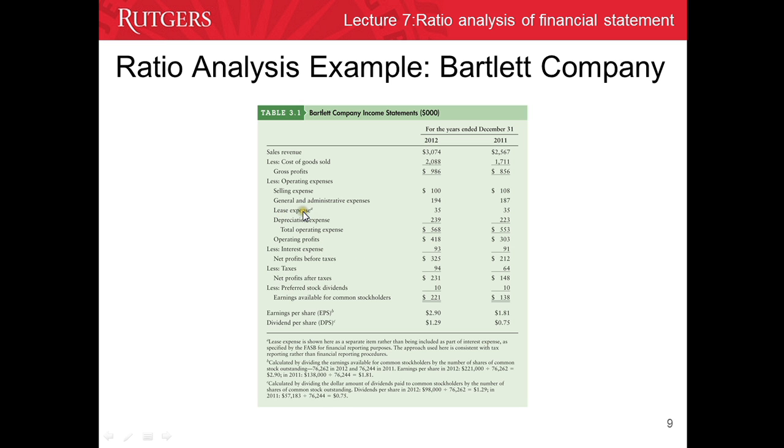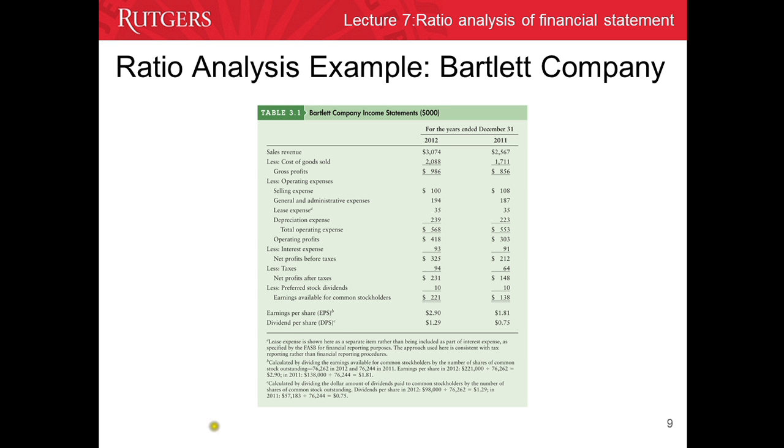Let me see, the lease expense equals $35,000. Then we divide it by the interest, which is $93,000, plus $35,000, the lease payment again, which equals $35,000.